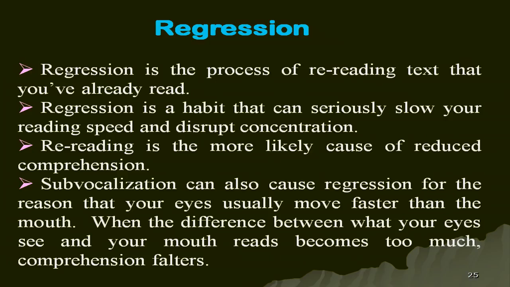When the difference between what our eyes see and what our mouth reads becomes too much, comprehension is affected adversely. So if we take care of these two things, regression and subvocalization, that will help students become fast readers. They can read faster and comprehend better.